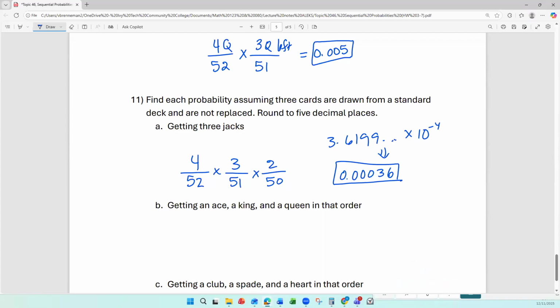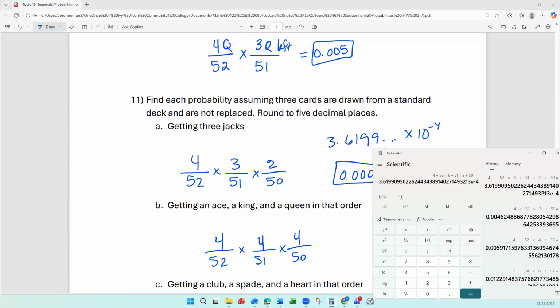Getting an ace, a king, and a queen in that order. Again, it's going to be out of 52, then out of 51, then out of 50. Ace the first time, 4 possibilities. If the first is an ace, there's still 4 kings in the second draw. And if the first 2 are an ace and a king, there's still 4 queens to choose from. So 4 out of 52, 4 out of 51, 4 out of 50.